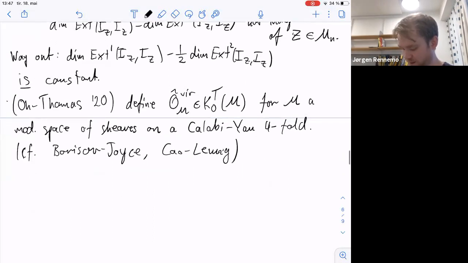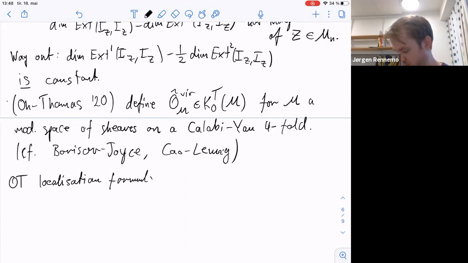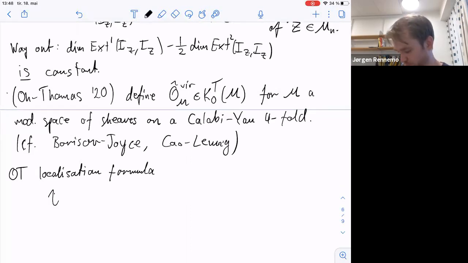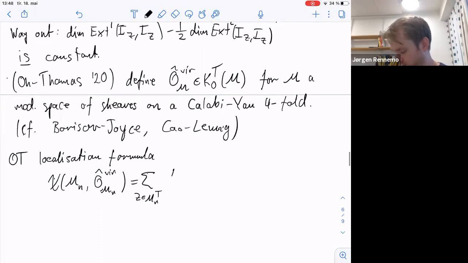So what they get, well, primarily they get a definition which didn't even exist before, but they also get a localization formula, which looks very much like the one we had before, but it can't be exactly the same because we're no longer doing Donaldson-Thomas invariants and perfect obstruction theories.